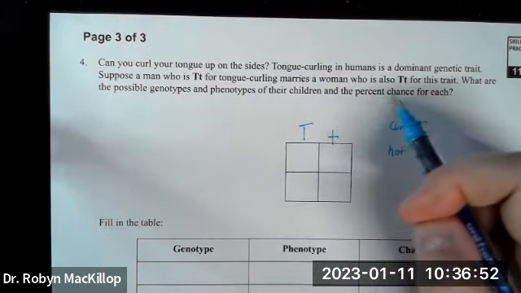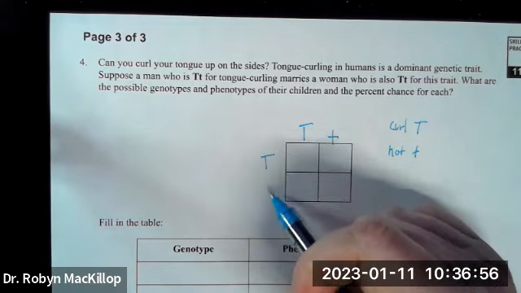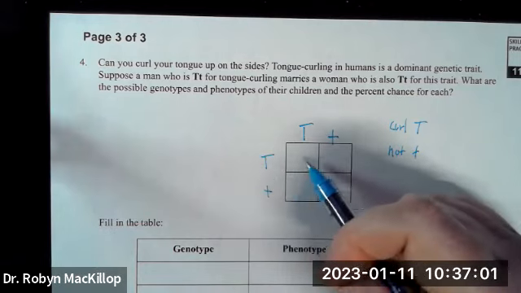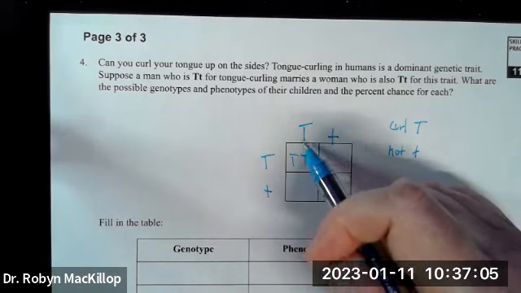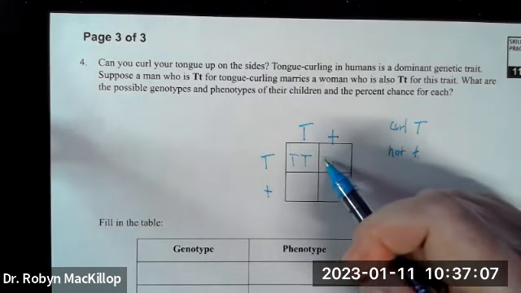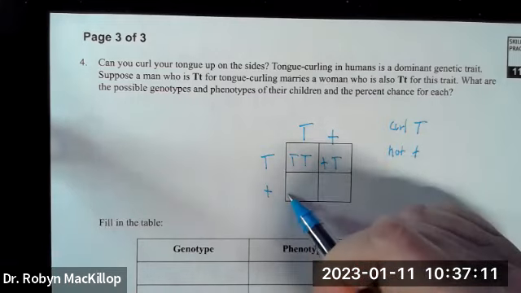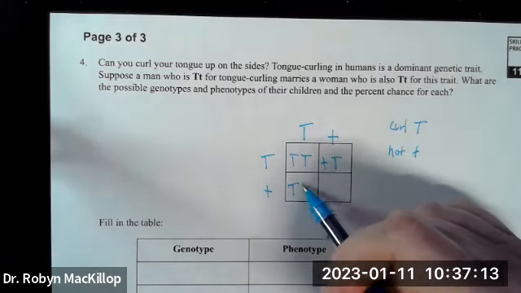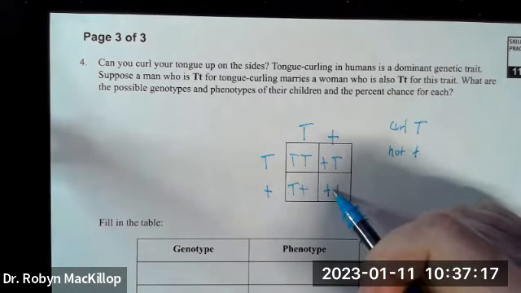And then she also can curl her tongue, but she carries that non-curling gene. Then we're just going to put them together. Big T from the top, from the side, little t, big T, top, side, top, side.